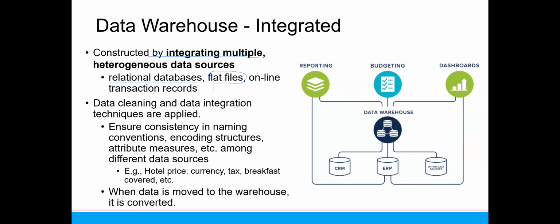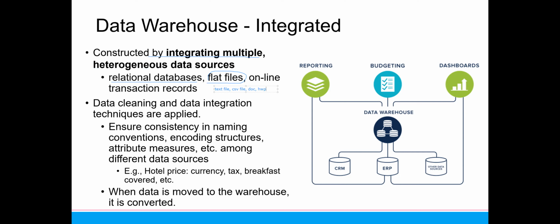Flat files means things like a text file, a CSV file, a document file, or an HWP file. And there might be online transaction records, which are on the web or in the cloud.